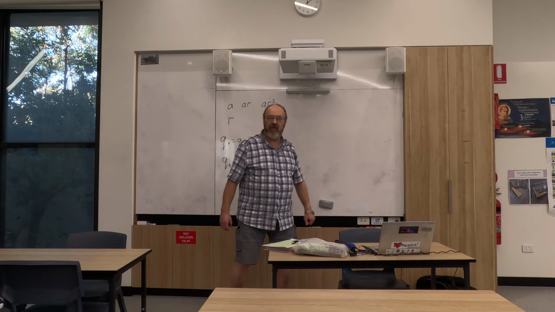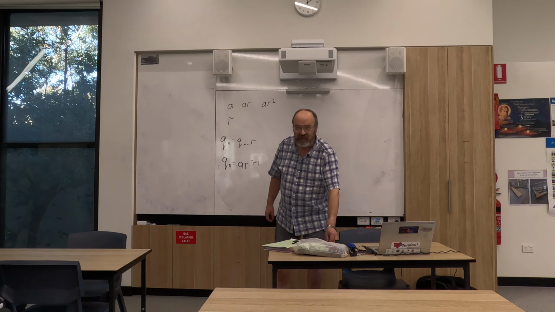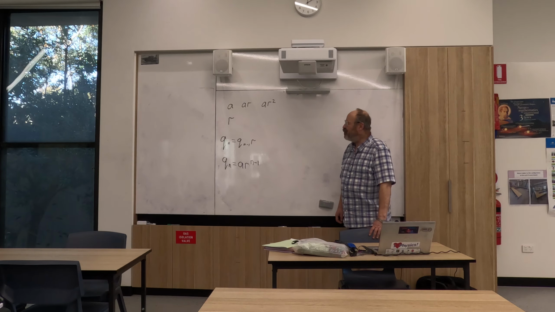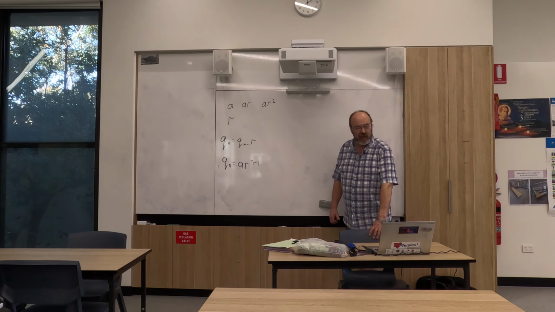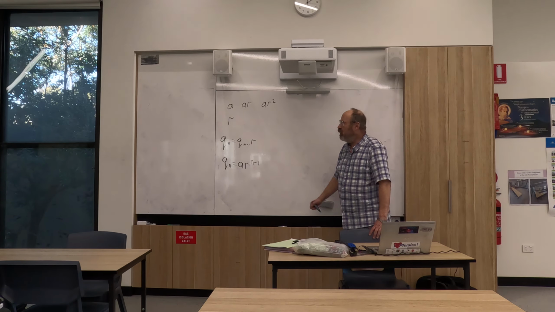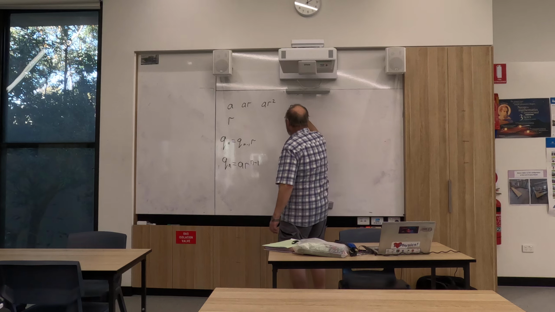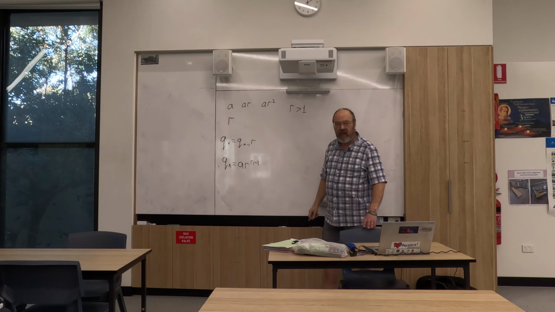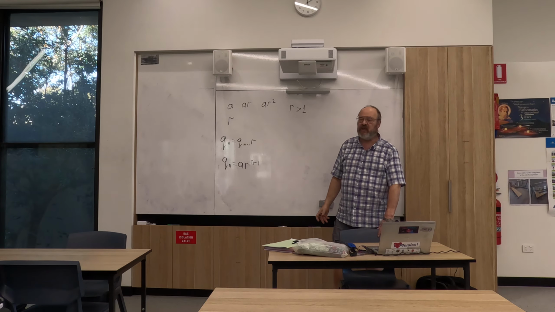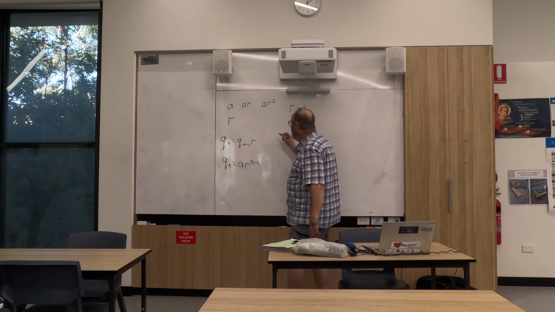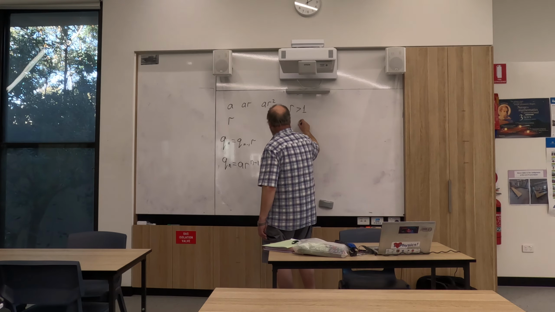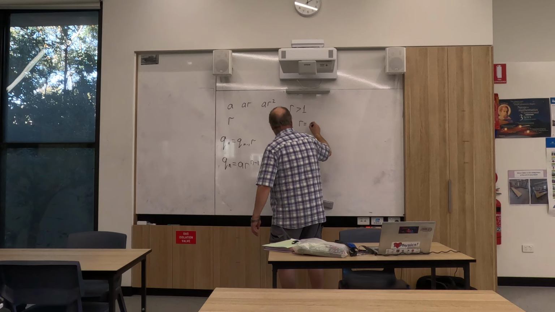Now we have two possible cases. One case is when r is greater than 1. So what will happen with that? For example, the first term is 2 and r is 3.